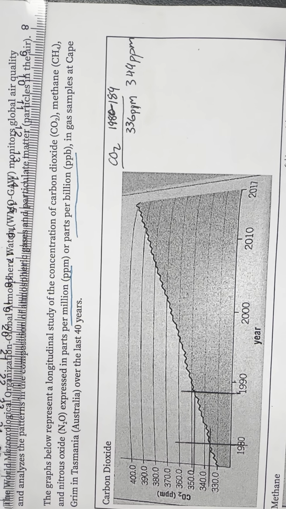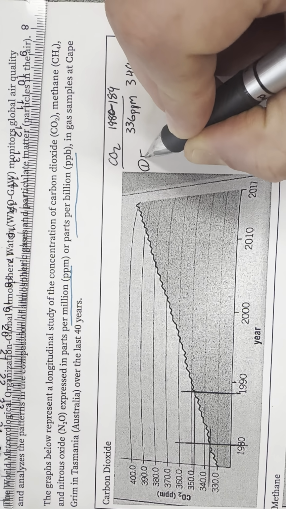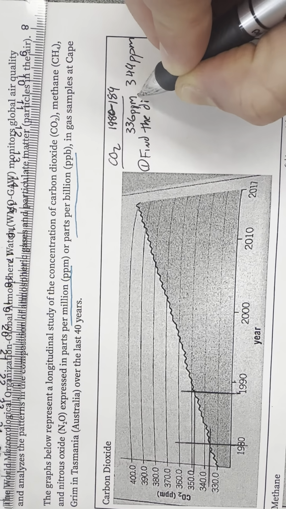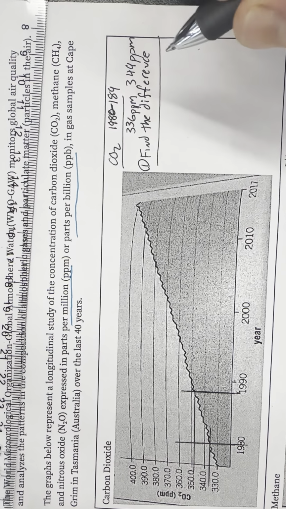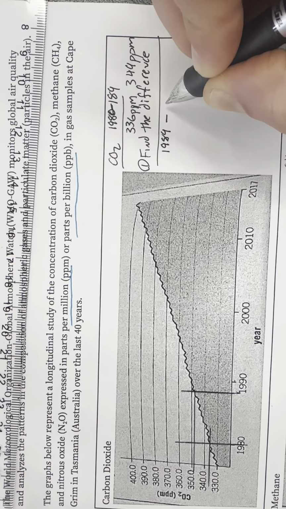So now what I need to do is analyze the data so that I can get the percent increase, because that's what I have to calculate. I'm going to do that by, first of all, finding the difference. I'm going to take the year 1989 minus the year 1980.